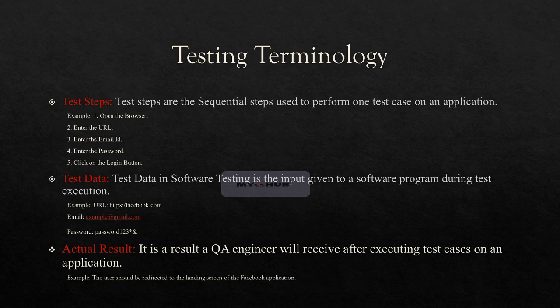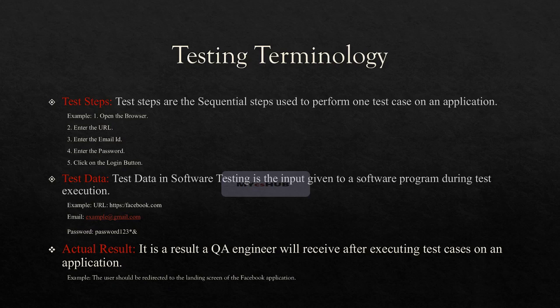Now the next point is test data. So test data in software testing is the input given to the software program during test execution. So now suppose we have prepared the test cases, but to execute the test cases we require some data, several inputs, so that the test cases can be executed.